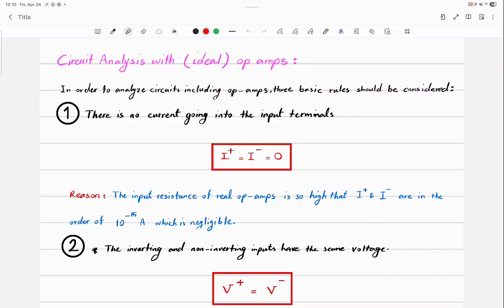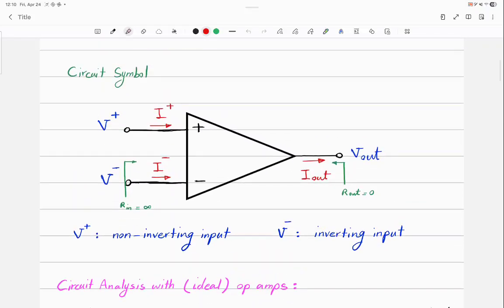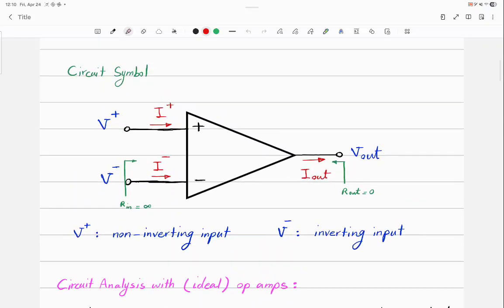Okay. How about the second rule? The second rule states that the voltage at the positive terminal, or non-inverting terminal, and the voltage at the inverting terminal should be equal, which means V positive is equal to V negative.